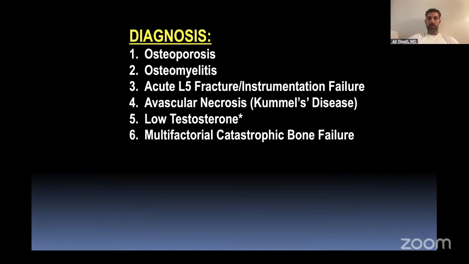He also has instrumentation specifically at L5. He also has AVN at L5 as well. We believe that some of the cause of his osteoporosis, given his age and being a male, is due to low testosterone. And so he has a multifactorial bone failure.